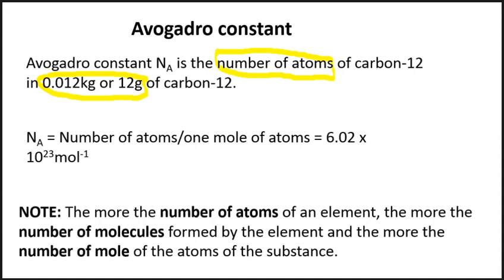The number of atoms increasing will increase the number of molecules formed by the element, and the more is going to be the number of moles of the atoms of that substance. So that is how the progression goes. The quantity of mole increases with increasing atoms or molecules.